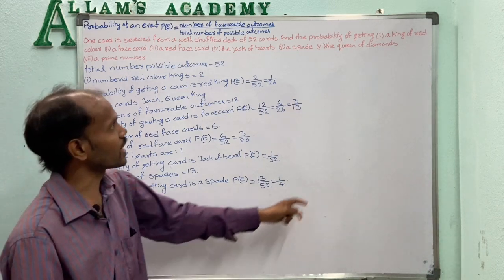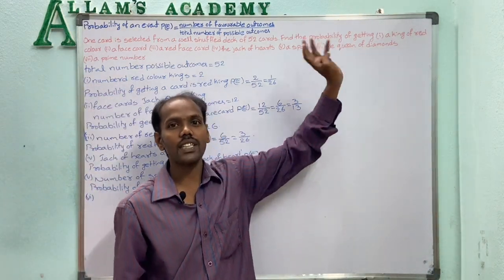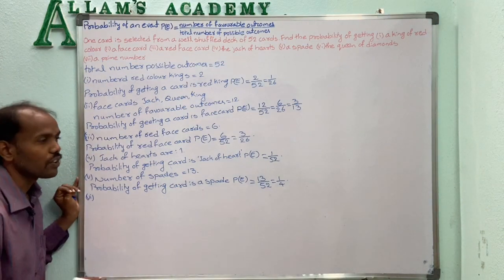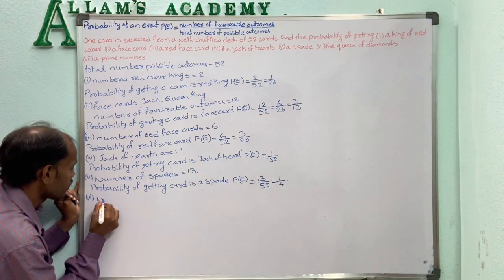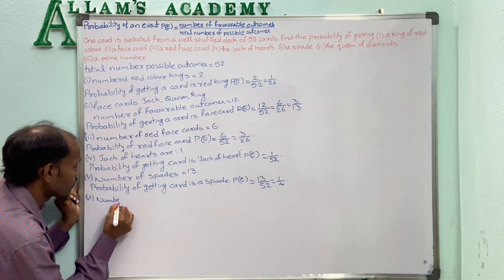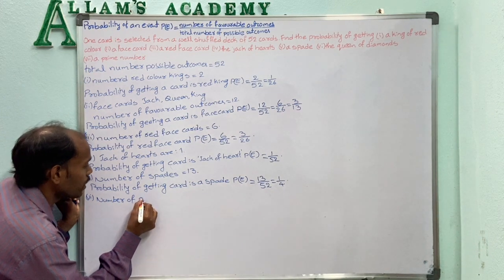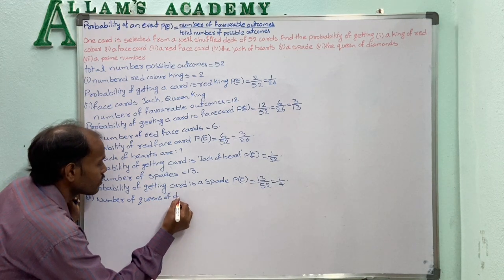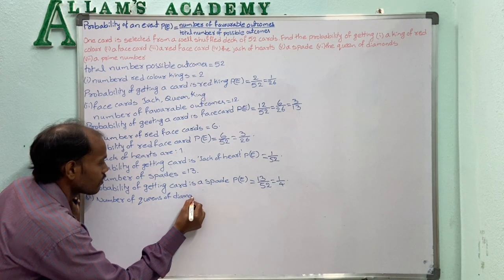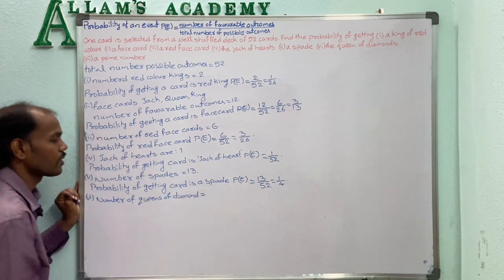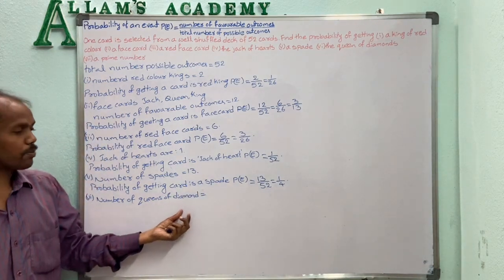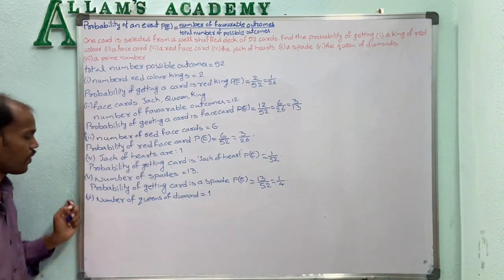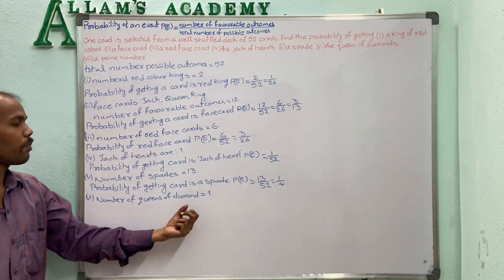Next is the queen of diamonds. How many queens of diamonds are there? Only one, so that gives the favorable outcomes.